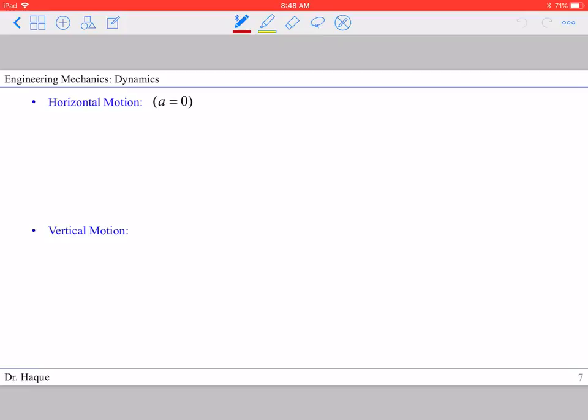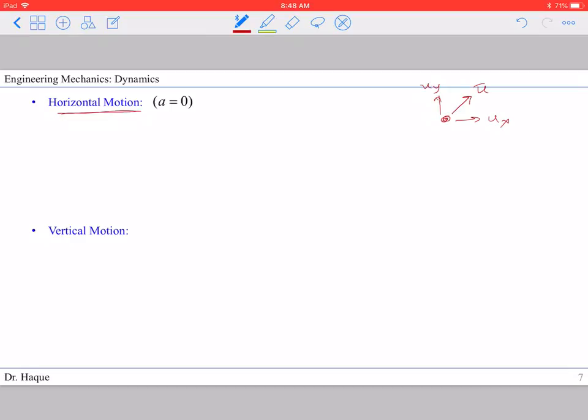In the previous slide we saw that the particle was thrown with an initial velocity vector u that will have ux and uy components.